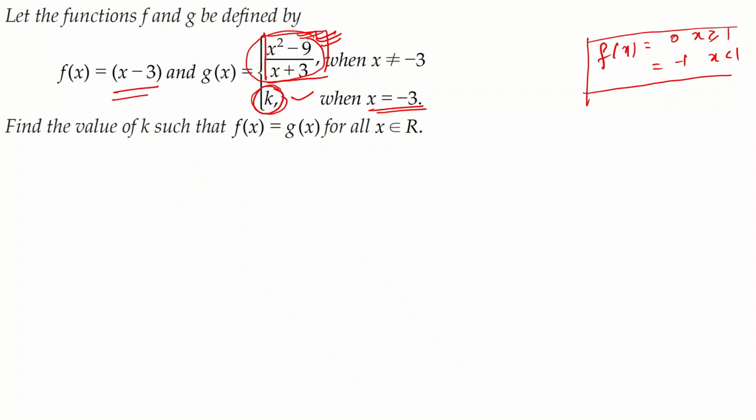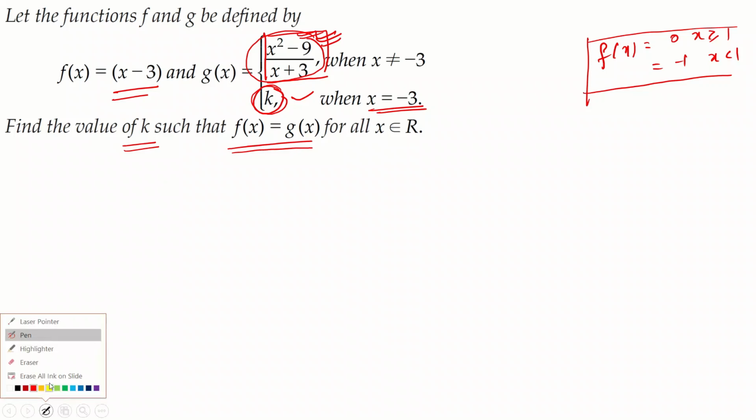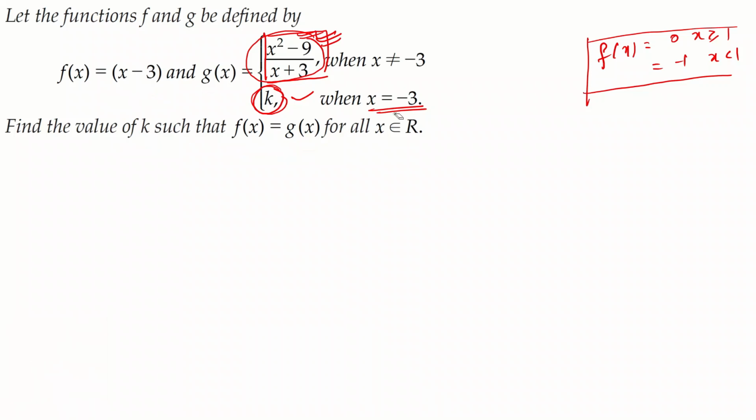Alright, so now the question asks what should be assigned to k, meaning what value of k should we choose such that f(x) is equal to g(x) for all x. That means we want f(x) and g(x) to behave in exactly the same way for all values of x. Alright, okay, let me erase some of these so that I can explain it better to you.